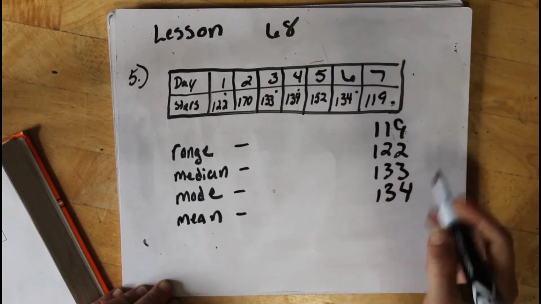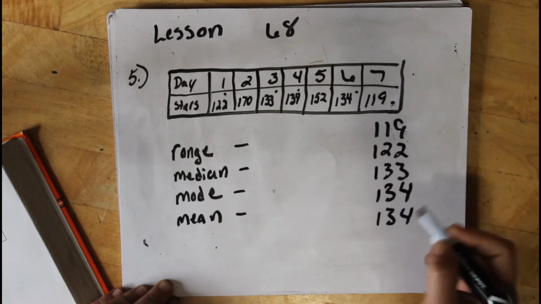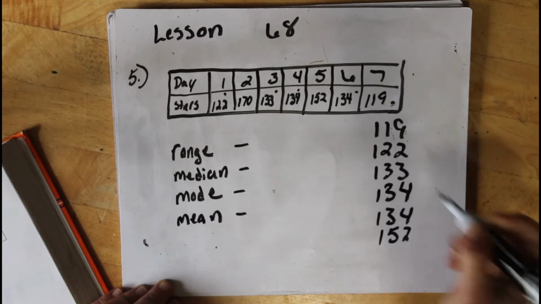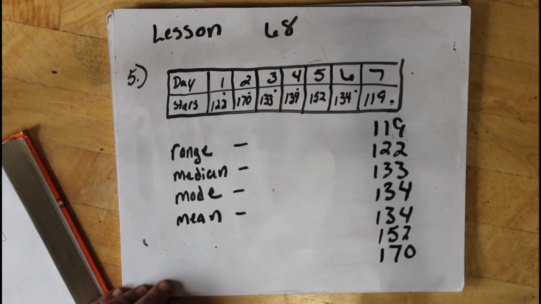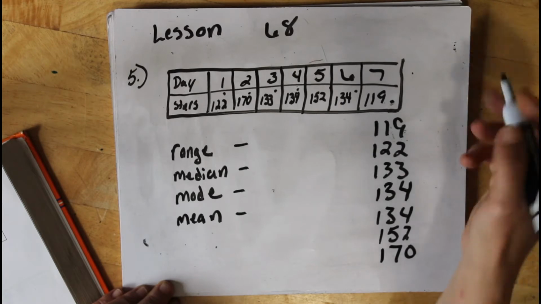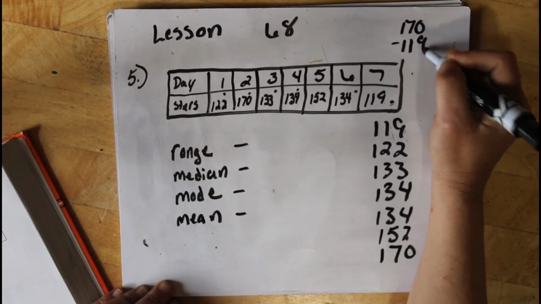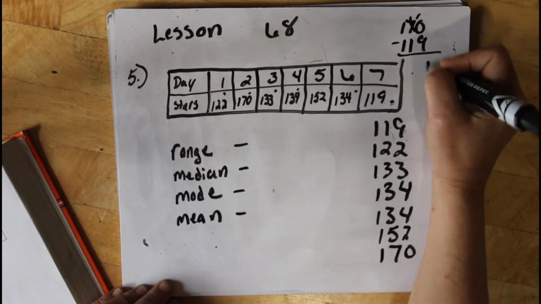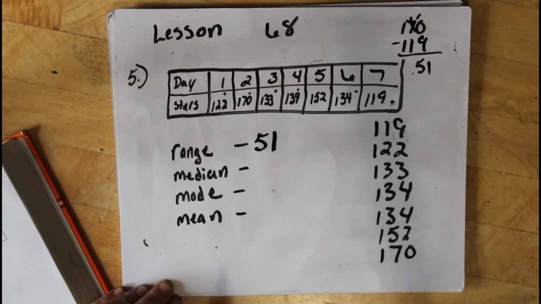And then we got another 134, and then 152, and then the last one is 170. So it's usually helpful if you put all the numbers in order first. So if we're going to subtract our least from our greatest, that would be 170 minus 119. And we subtract that and we'll get 51. So the range is 51.